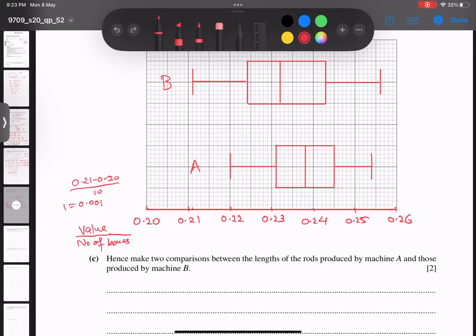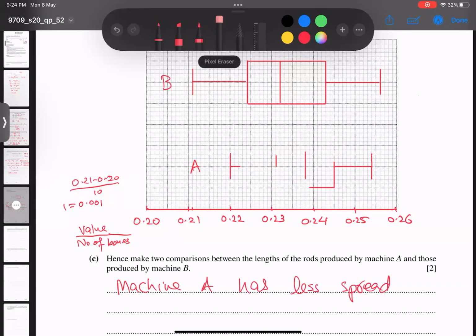So we can say that machine A has less spread, or you can say less interquartile range. So less spread is better. Spreading means you can see here this spread is lesser and this spread is more.